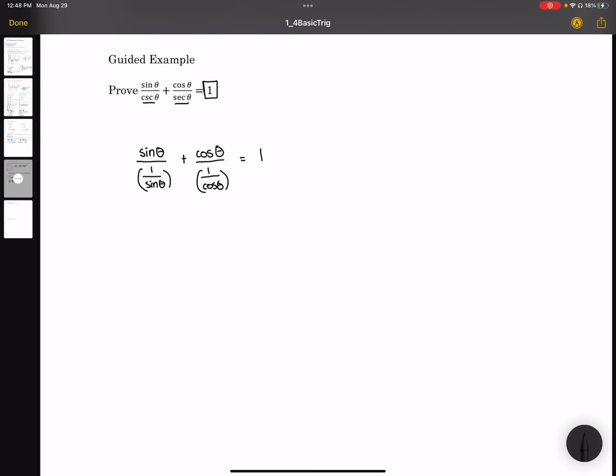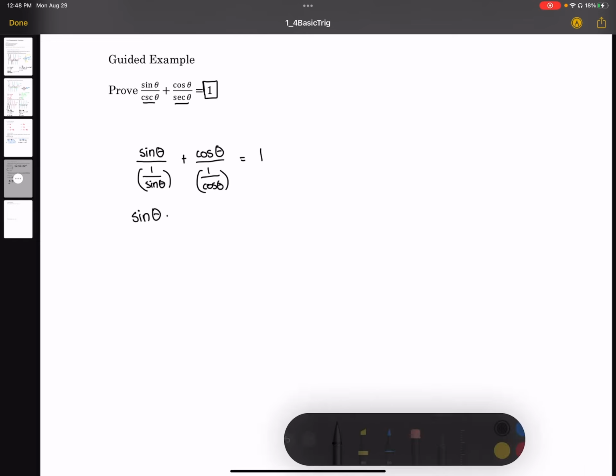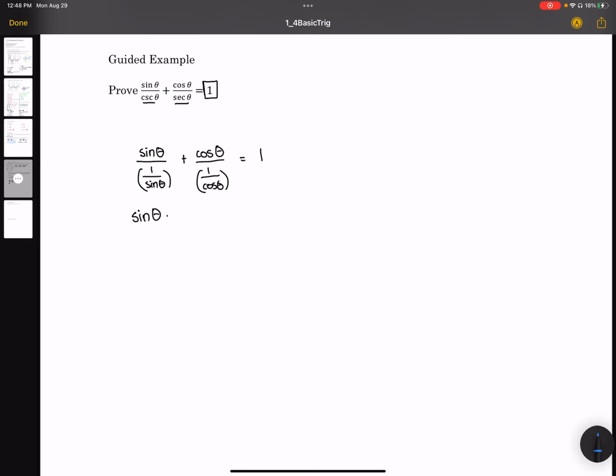So the reciprocal of 1 over sine theta is sine theta. So we would have sine theta times, we'll color code this so it actually makes sense. We said that this was 1 over sine theta, and we'll make this 1 over cosine theta.